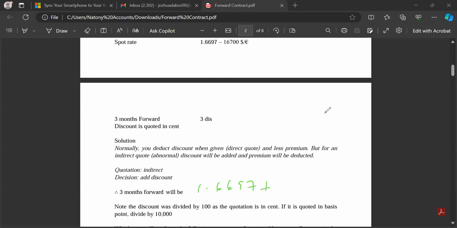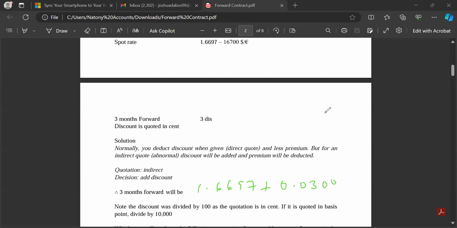1.6697 plus the discount of 0.03. That's 3 divided by 100, this 3 cents. So to convert it to dollars, we'll divide by 100.